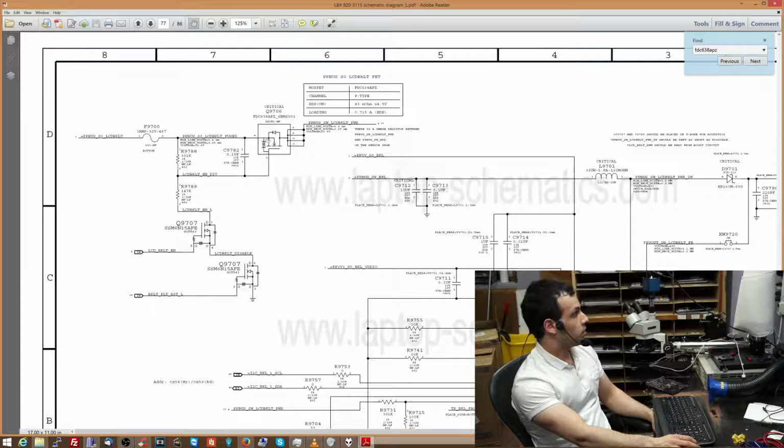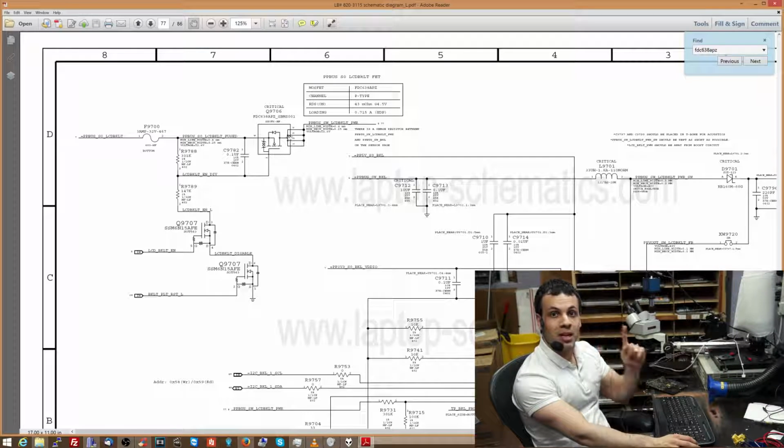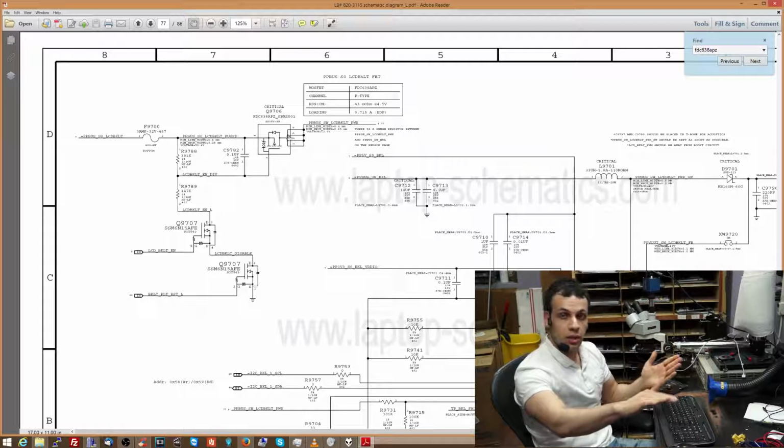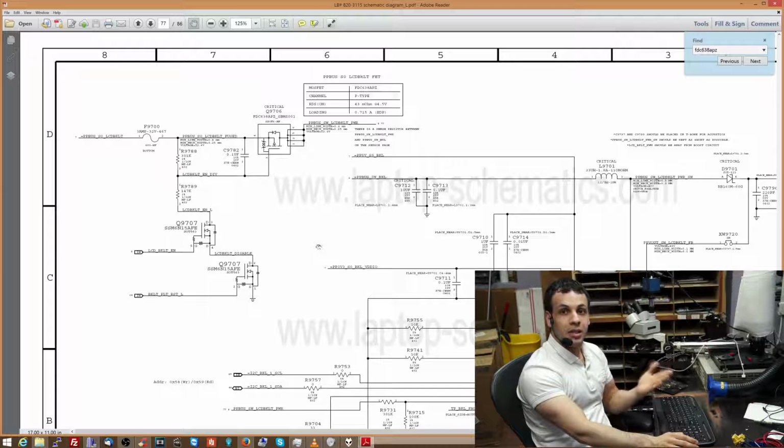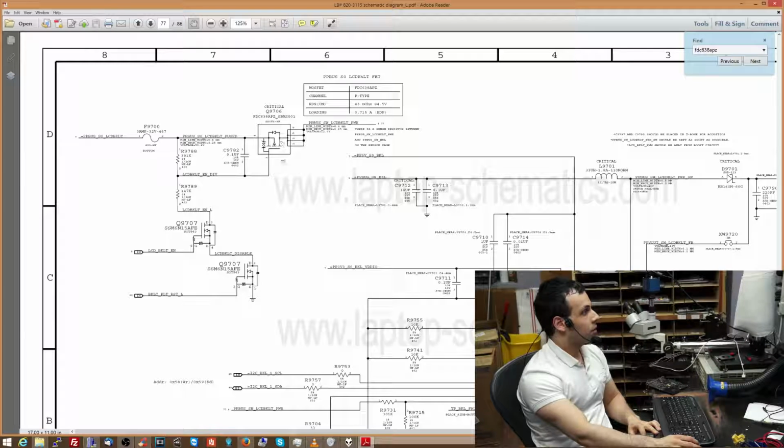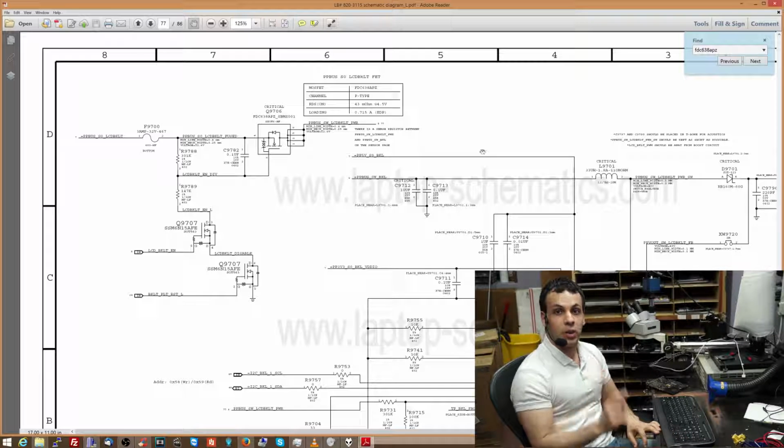If I see 12 volts here and 0 volts on the gate, but I don't see output, that must mean that either something is wrong after the circuit or the transistor is bad, because with my newly learned knowledge, I know that a P-channel MOSFET should allow the signal to go through when there is a lower voltage on the gate than there is on the source. And that's something that you should be thinking about. Now, if you have that knowledge and you see that there's 0 volts on the gate and that the power is moving through it, you should be able to say, okay, that's working the way it's supposed to.